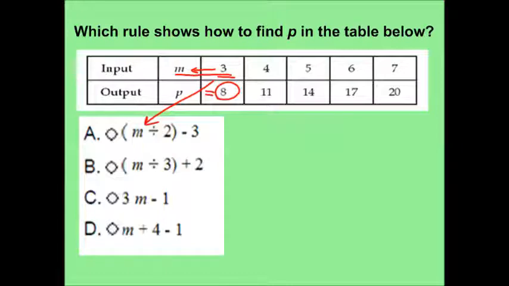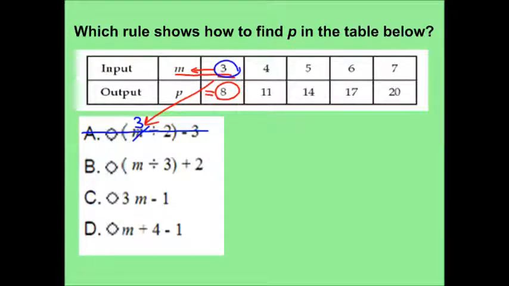First thing we're going to do is start with the smallest number, which here is 3, and plug that into where m is. That way I can see if 3 divided by 2 is something I can do. Then when I take away 3, I might get 8. One problem is I cannot divide 3 by 2 and make it a whole number. So I know from the beginning that this cannot be correct.